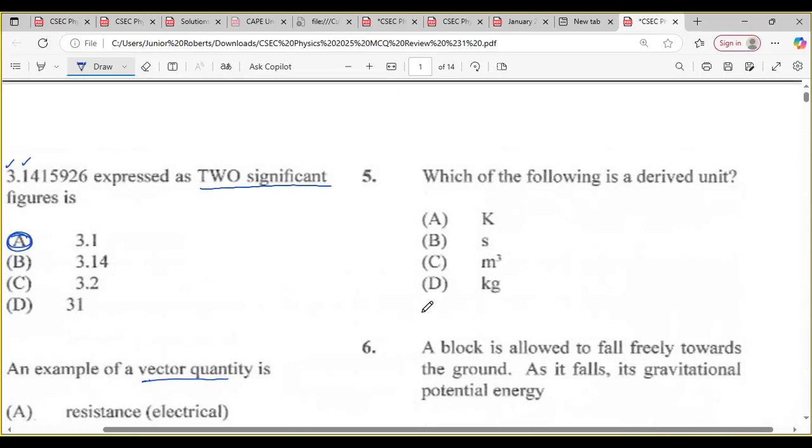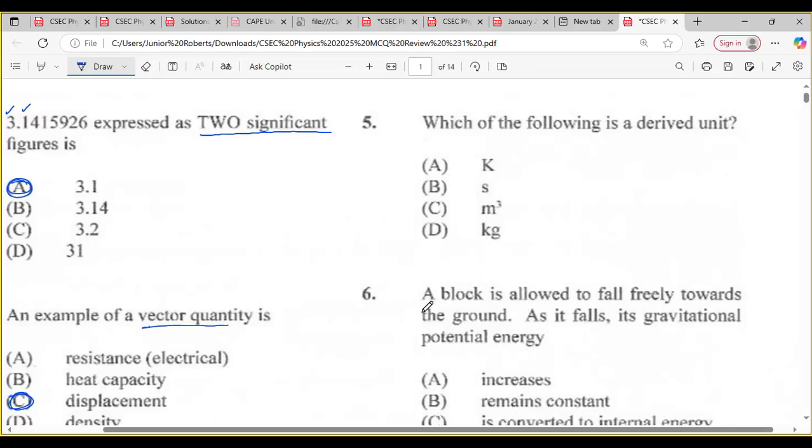Number 5 now says, which of the following is a derived unit? So we have to remember that derived units are formed when we multiply or divide base quantities, or derived units are formed from the multiplication and/or division of base units.